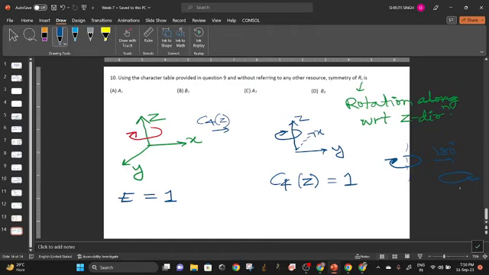It was on this side, it will come like this, but the rotation is still clockwise. The rotation is not changing. So under C2z as well, it is 1.